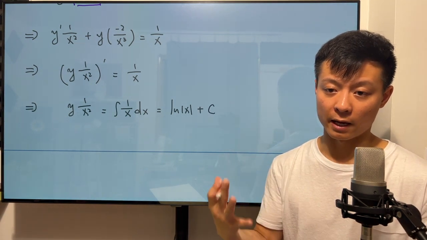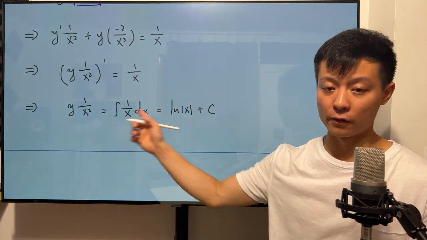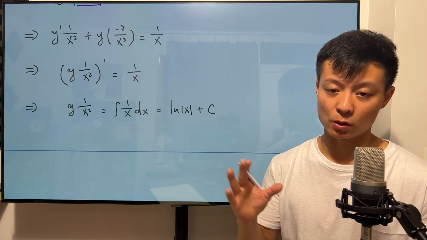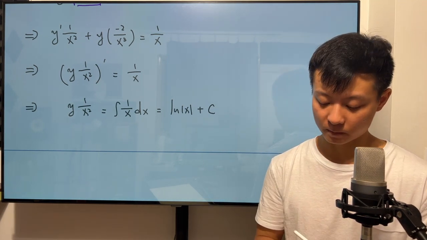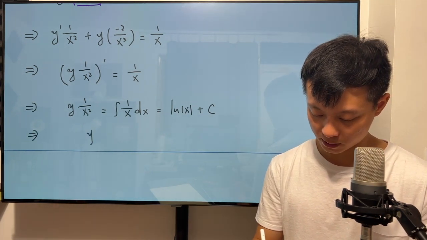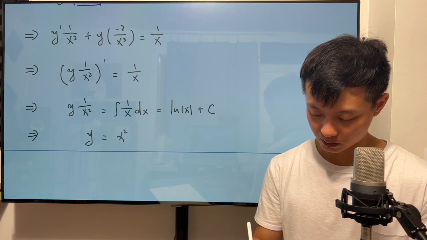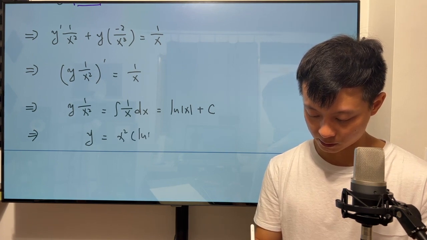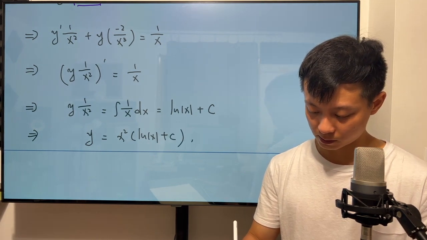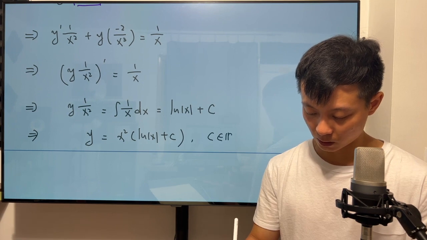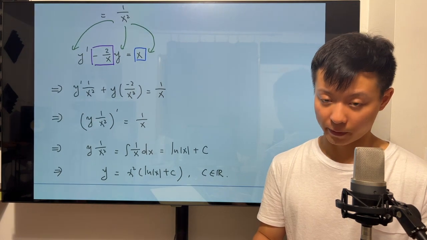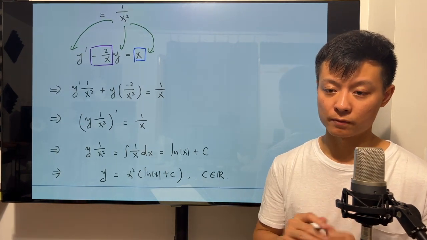Okay, the very last step is just to multiply both sides by x squared to get rid of that, so we can have y solved explicitly. So we will have y equal to x squared times ln x plus c, and then we should indicate that c is an arbitrary constant real number. So that is how we solve this question.